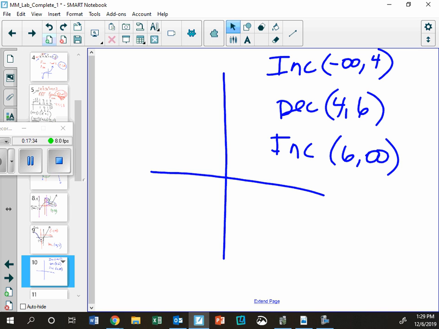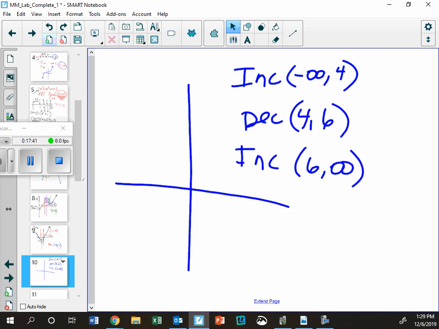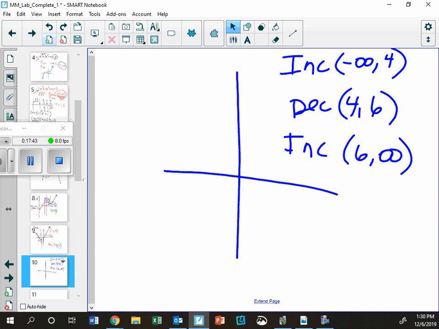Draw it. Now, there's more than one way you could do this. There is more than one right answer. That doesn't mean everything's right.